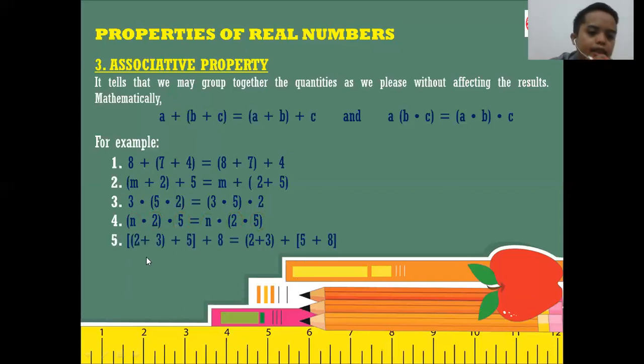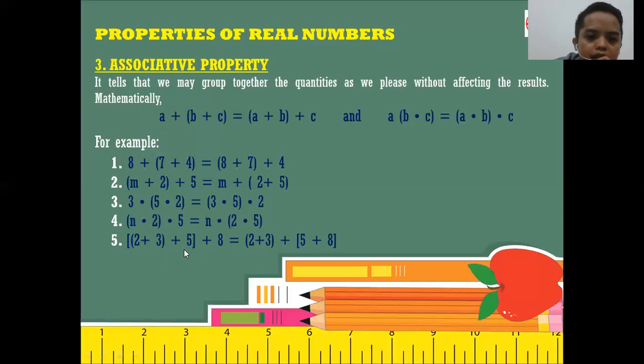Then lastly, example 5, the bracket here, quantity of 2 plus 3 plus 5 plus 8. So this is your A here, plus B, and then plus C. So the 2 and 3 really do not move, no? So 2 plus 3, this is your representation of A here.